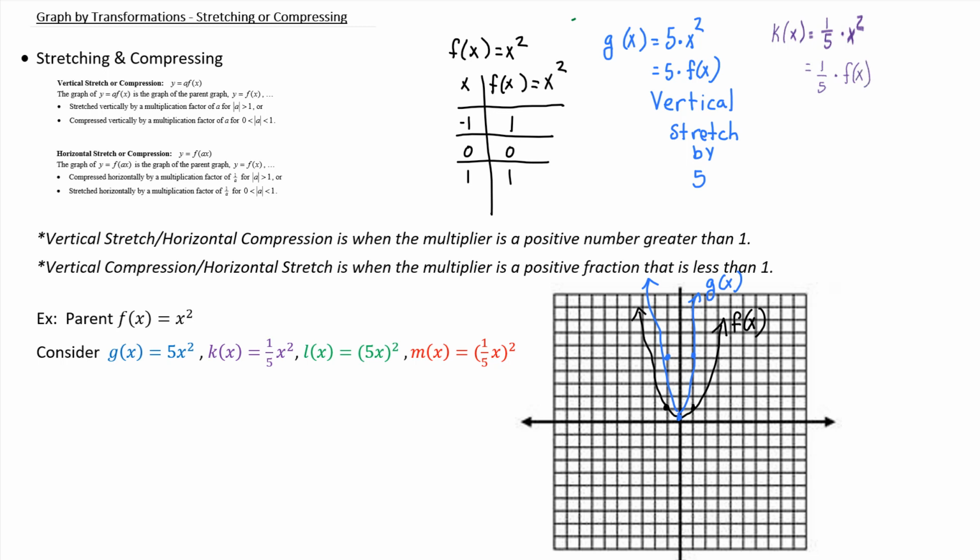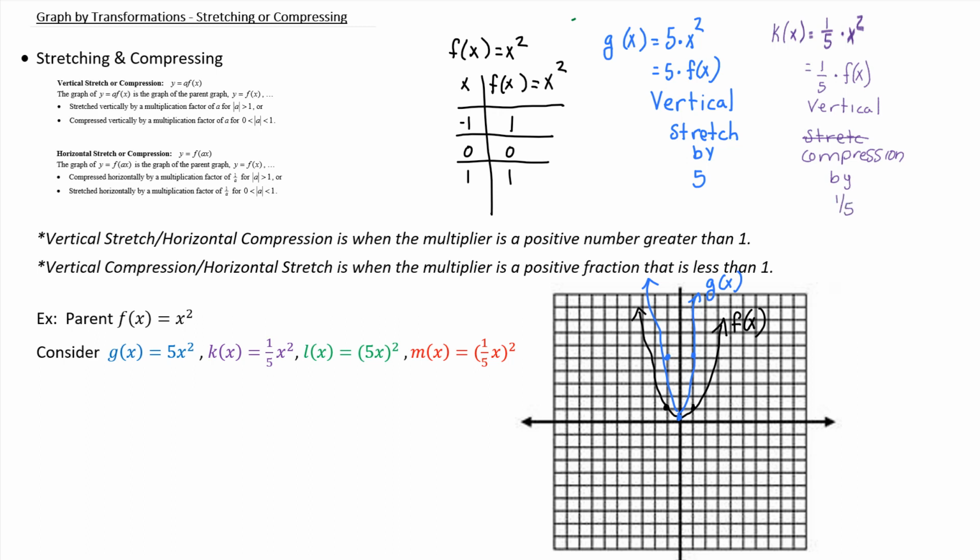Again, the multiplier is happening to the entire function, to the y's, so that's a vertical concept. The multiplier was 1/5, so it's vertical by a fifth. But since 1/5 is less than 1, that's going to be a compression. So it's vertical compression by 1/5.